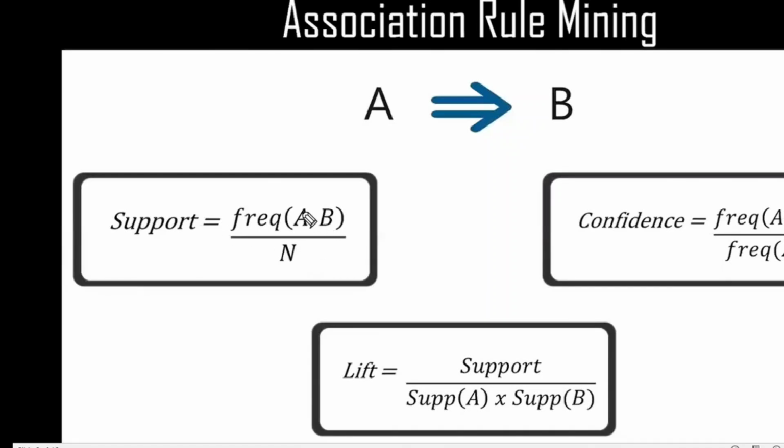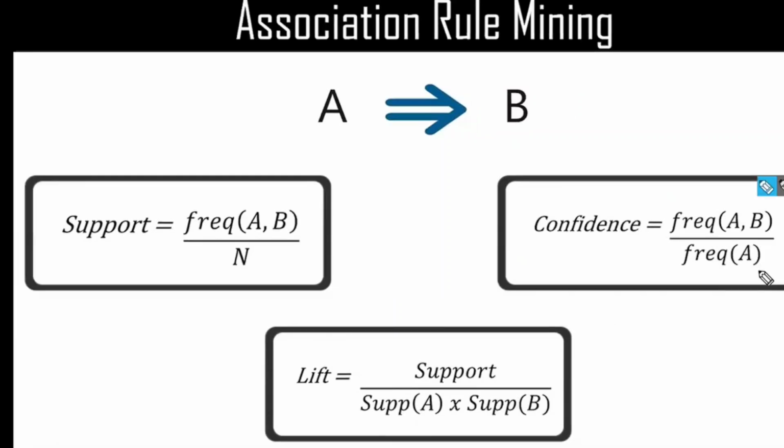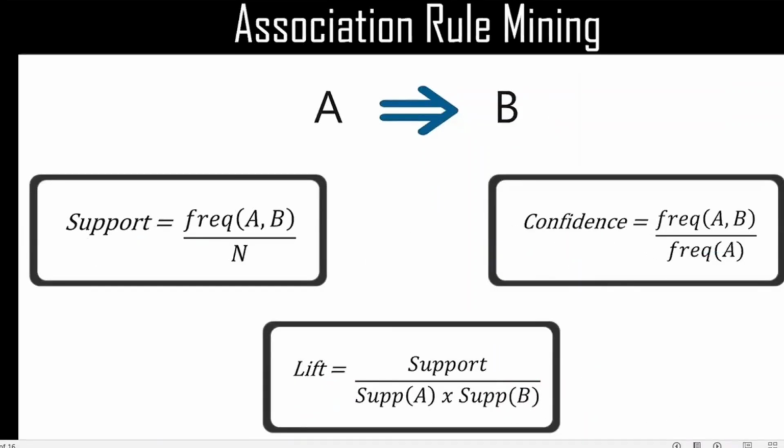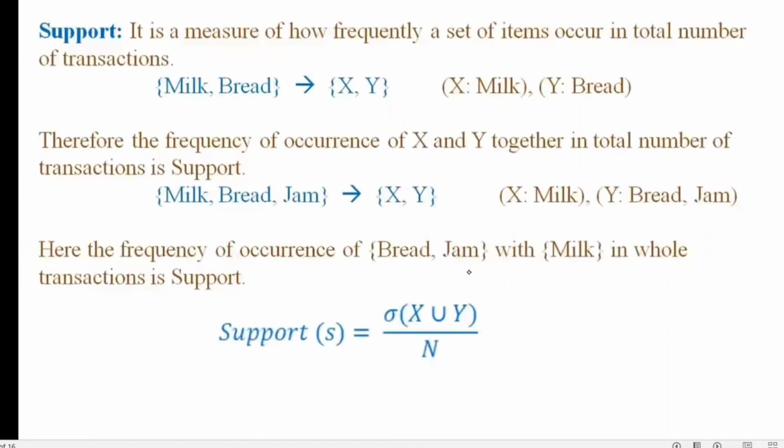Confidence means the frequency of A and B divided by the frequency of A only. Lift of A and B is equal to support of A and B divided by support of A into support of B. Let us take an example and calculate everything.